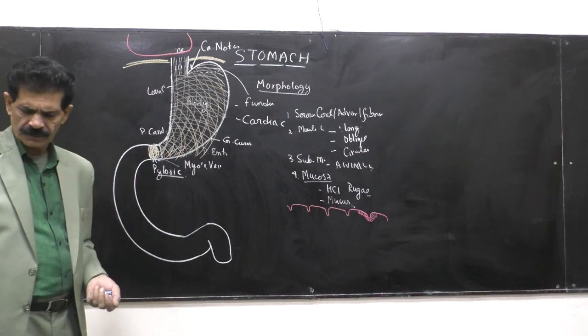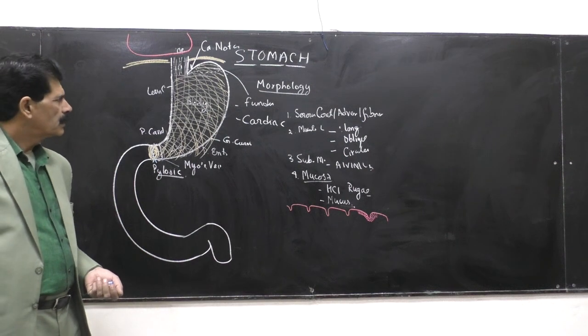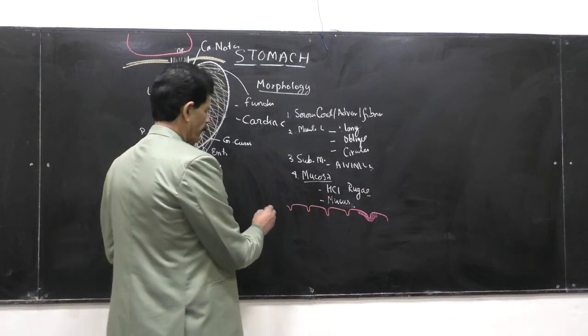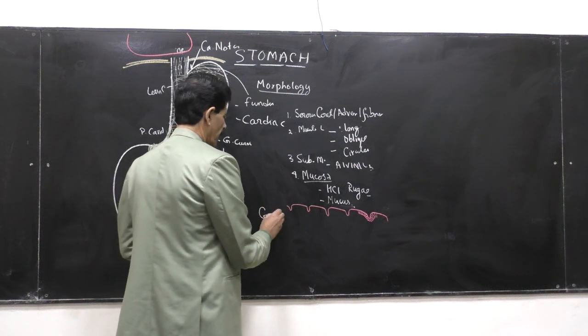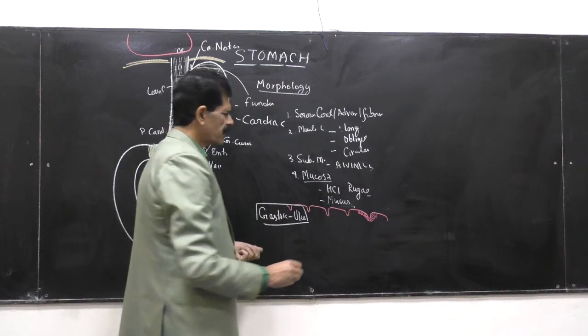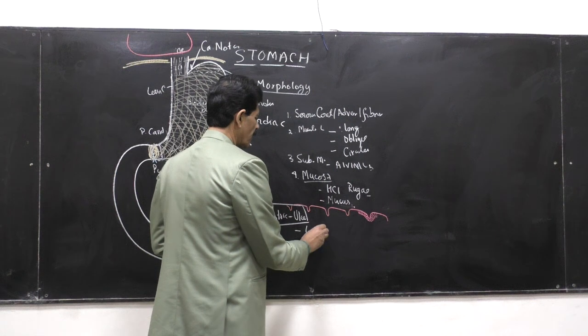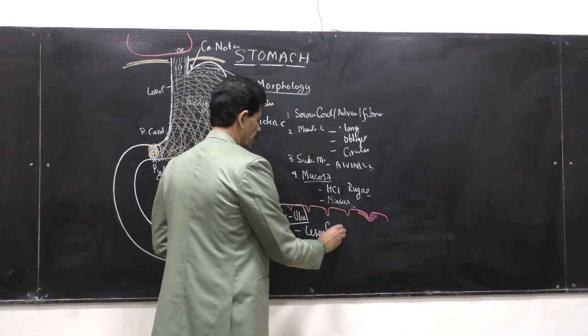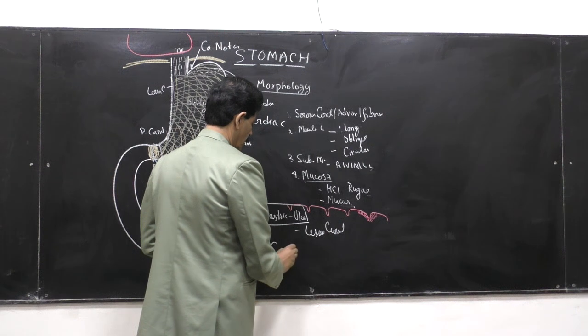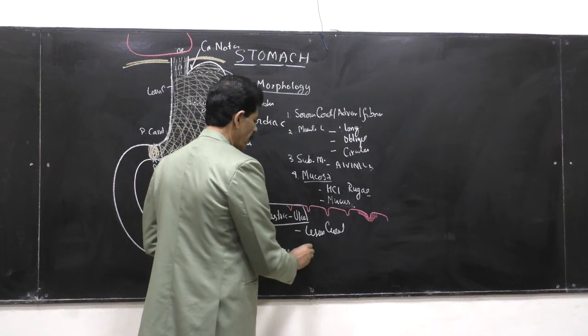Now, gastric ulcers are very, very common in the mucosa of the stomach, especially near the lesser curvature. And cancer, or CA, of the stomach is very common near the greater curvature.